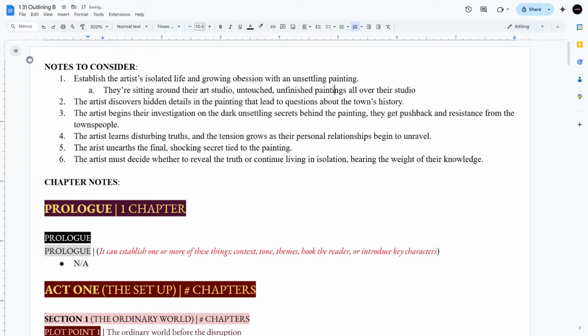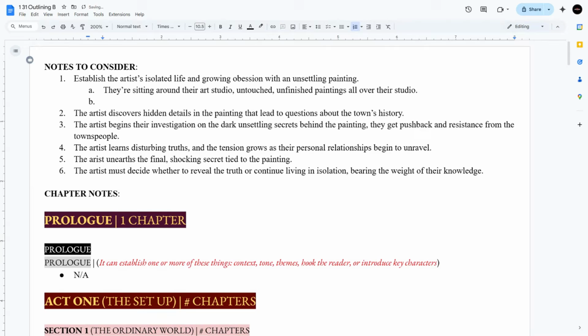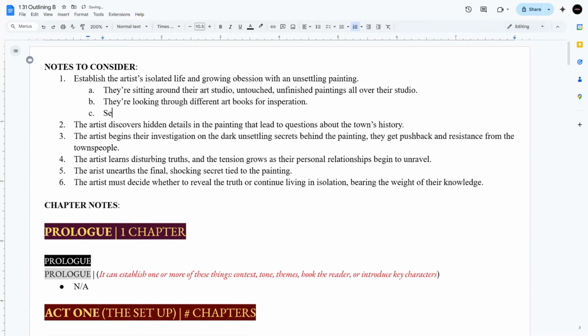They're looking through different art books for inspiration, searching online for something to get them going.